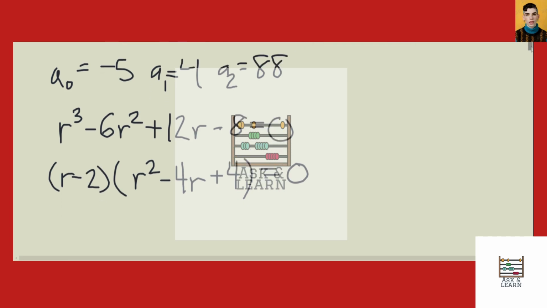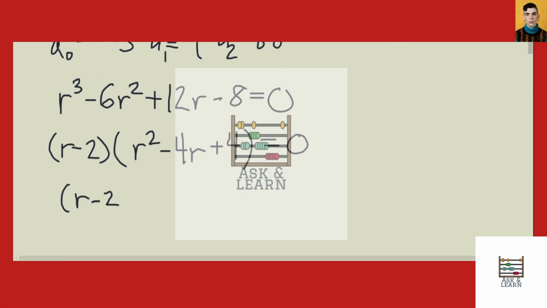And if we factor further, we get r minus 2 cubed equals 0, so the characteristic root is 2 with a multiplicity of 3.